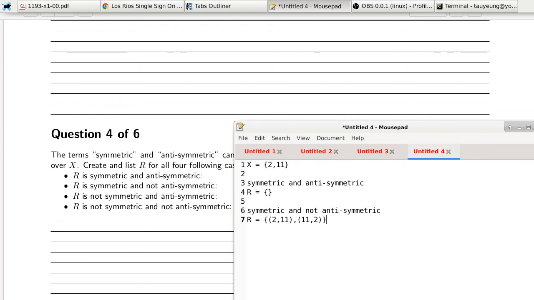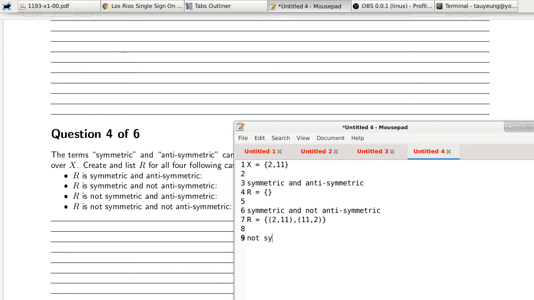But it is not anti-symmetric, because anti-symmetric says that if aRb and bRa, then a and b must be the same. Well, we have aRb here and bRa here, but 11 and 2 are not the same. So it is symmetric but not anti-symmetric.